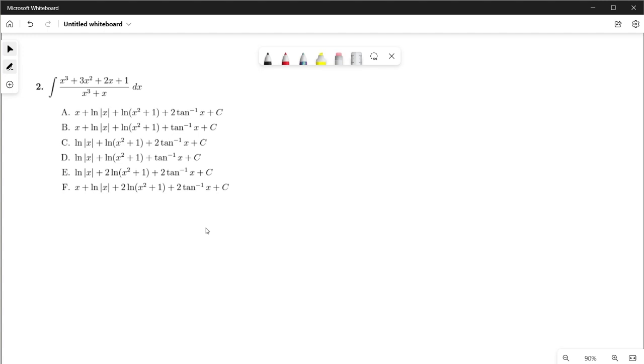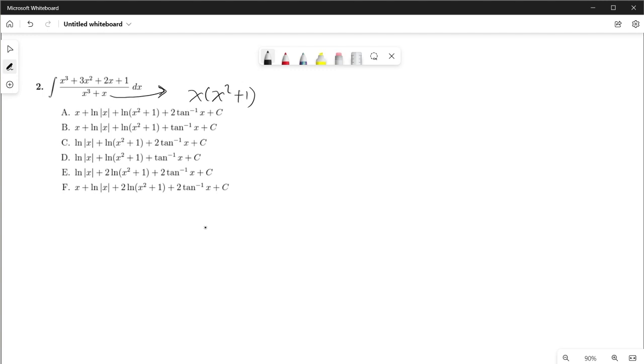For number 2, we have the integral of a fraction, and as we can see here, the denominator can be factored into 2 parts, right? You can factor x out, to be x times x squared plus 1.